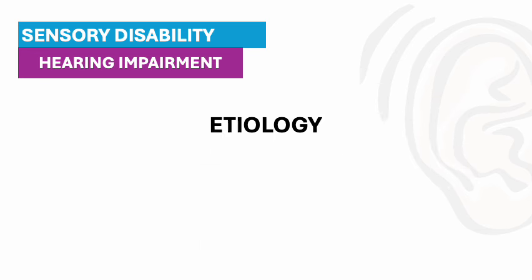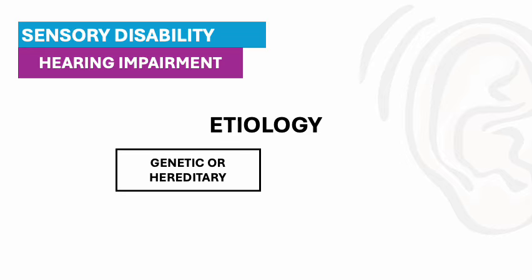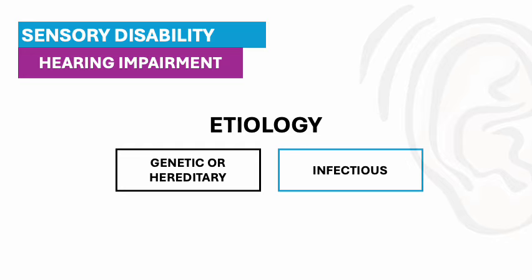After looking at how hearing impairment is classified, it's important to understand what causes it. Knowing the causes helps us understand and support students better in school. Some causes are genetic, like inherited genes or chromosomal changes that affect ear development. Others are infections, such as rubella, cytomegalovirus, mumps, or repeated ear infections in early childhood.